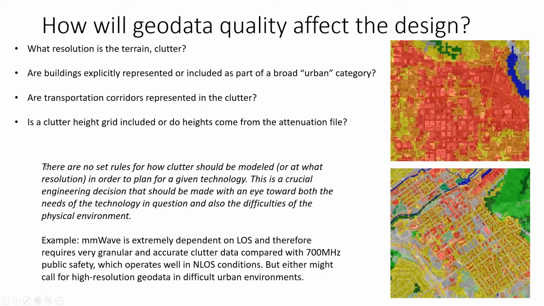A couple points I wanted to make about this is that there really are no set rules. Very often I'm asked the question, what resolution of data do I need in order to design X type of network or to design in this frequency band? And the only real answer to that kind of a question is, well, what are the needs of your planning?